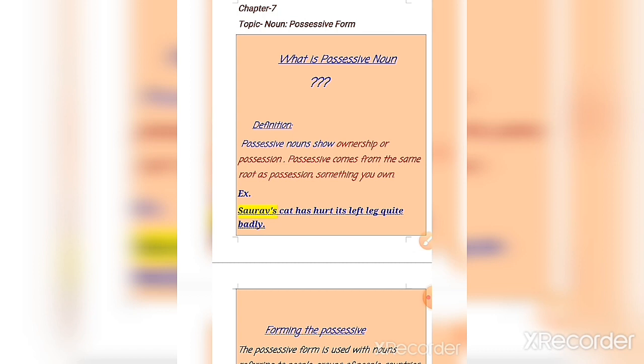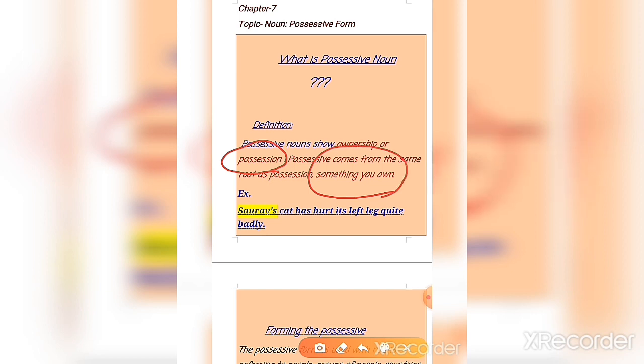Possessive nouns show ownership or possession. Possessive comes from the same root as possession, something you own. Clear? It's very easy to understand that it is related to something that you possess. See the example: Saurav's cat has hurt its left leg quite badly.